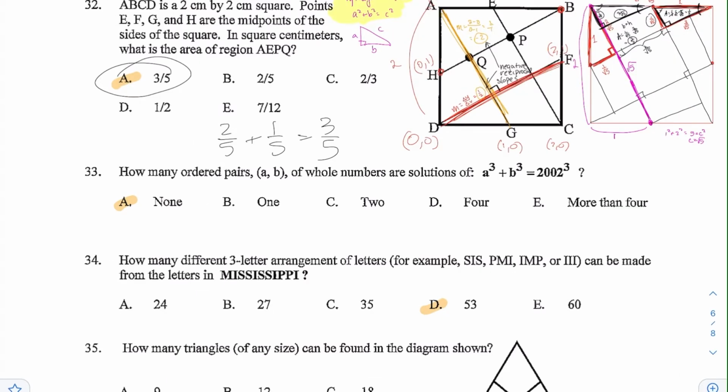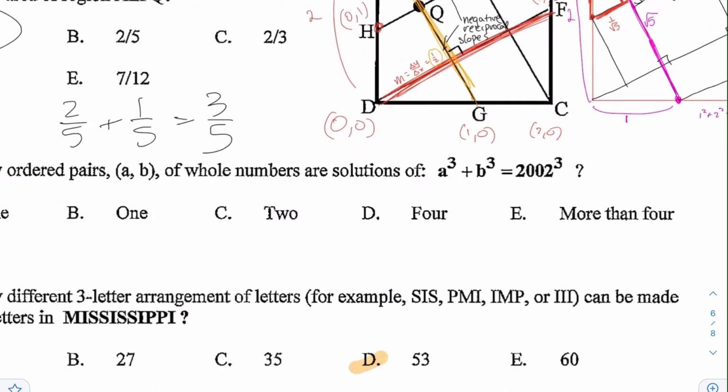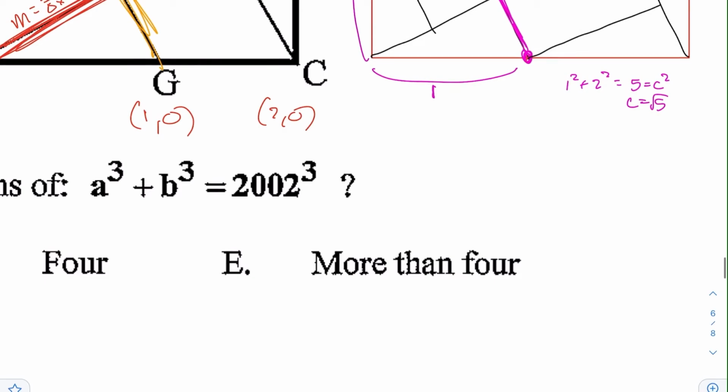For this question, of course, you're not supposed to compute 2002 cubed, because there's a whole bunch of numbers between 1 and that number. But what you can do is use the properties of cubic functions, specifically the perfect cubes.